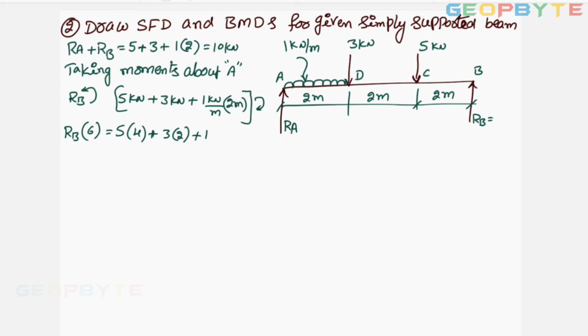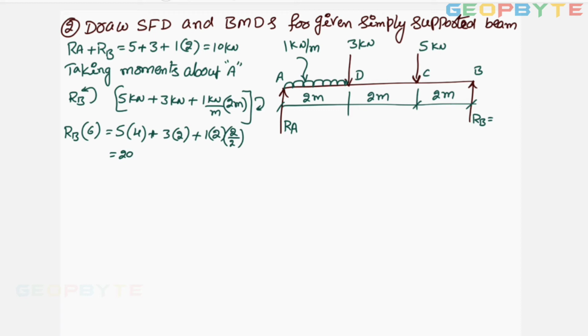First get the point load from the UDL by multiplying UDL with UDL distance. 1 into 2 gives the point load. That point load is acting at the middle of AD, right? From that middle point to the distance up to A, that is 2 by 2. It is equal to 20.